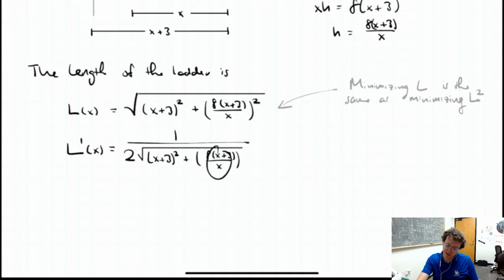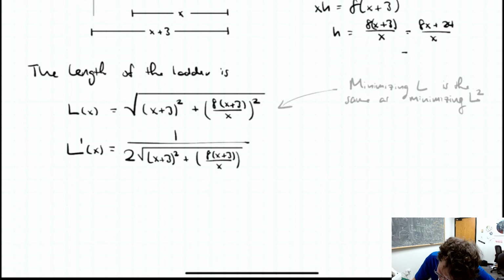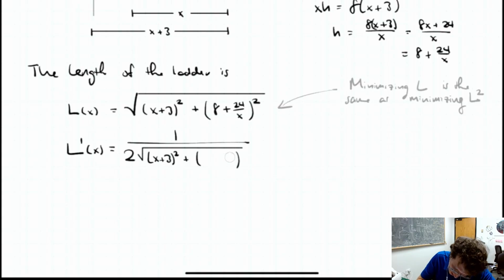I'm afraid that I'm going to have to do a quotient rule with this x plus 3 over x, but I'm noticing that if I just distribute that 8 and then simplify, distribute the 1 over x, this is going to be 8 plus 24 over x. So I think that's going to make our life a little bit easier.